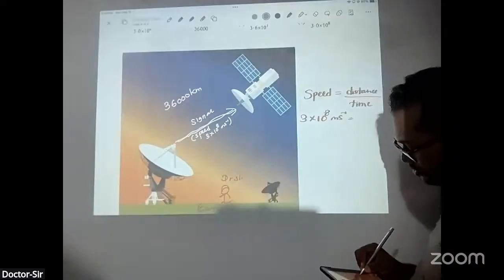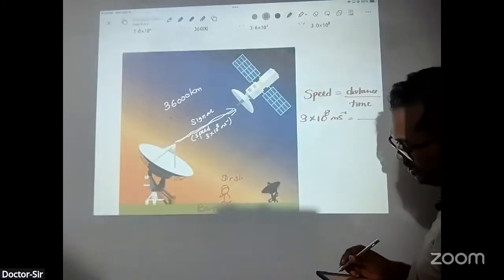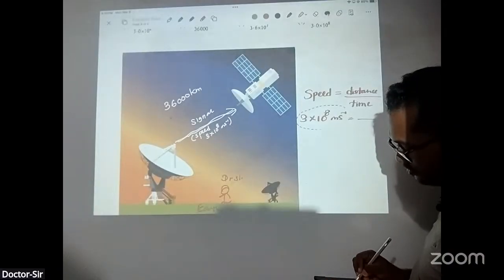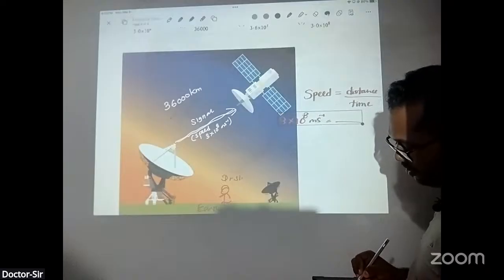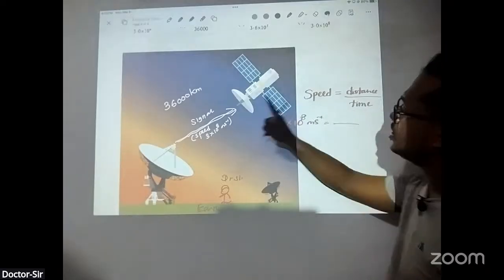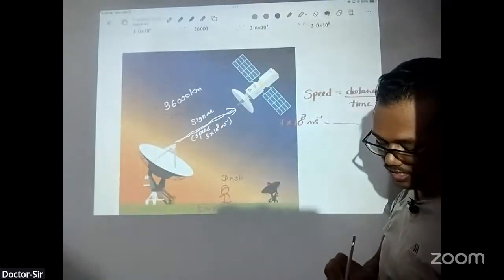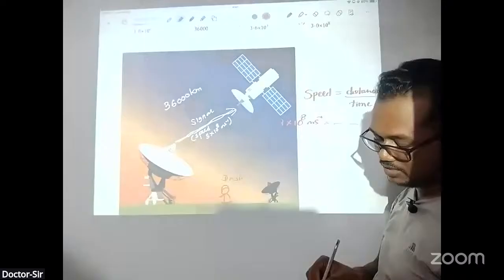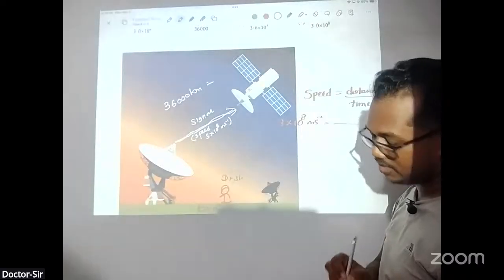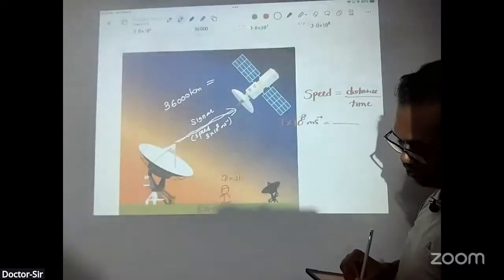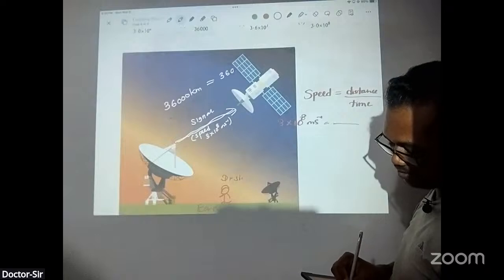Now the distance. We can apply the distance, but there is a problem. The problem is they have given the distance in kilometers. So we have to convert that kilometer into meter. This is 36,000 kilometers.